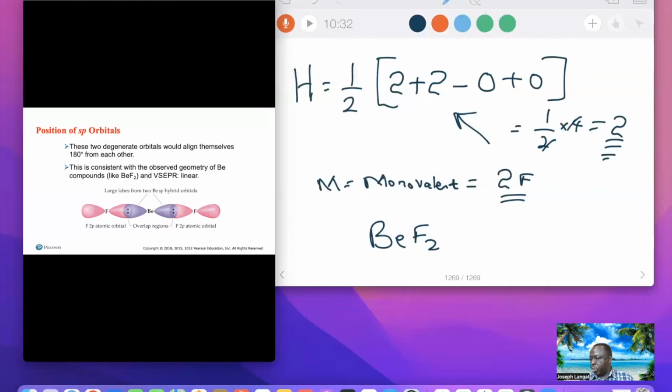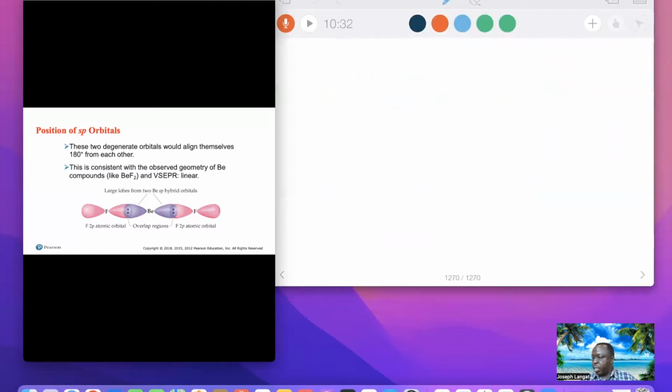What does this 2 stand for? This is where you need to remember: when H is 2, 3, 4, 5, 6, these indicate how many orbitals are hybridized.